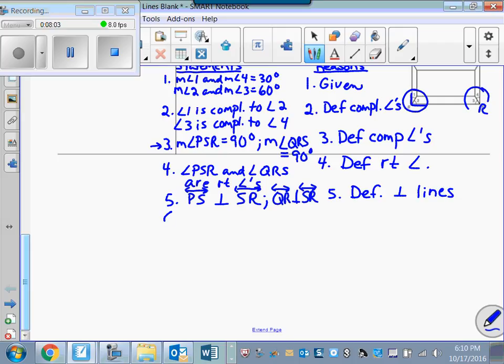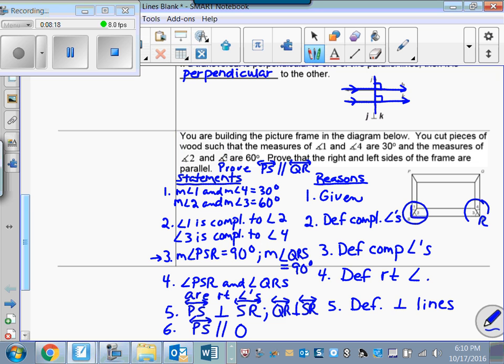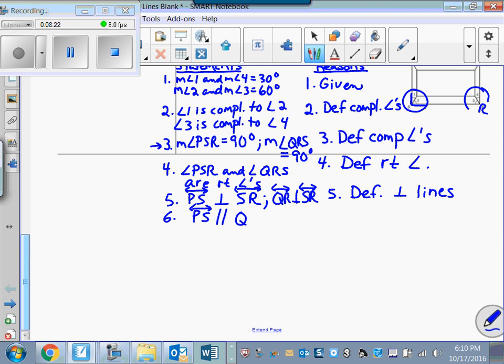And finally, in my 6th step then, I can say that PS is parallel to QR. Remember, that's what I wanted to prove. Let's look back up here. I wanted to prove that PS is parallel to QR, and I know that now. Why do I know that? Because of the theorem up there that says if two lines are perpendicular to the same line, then they're parallel to each other.